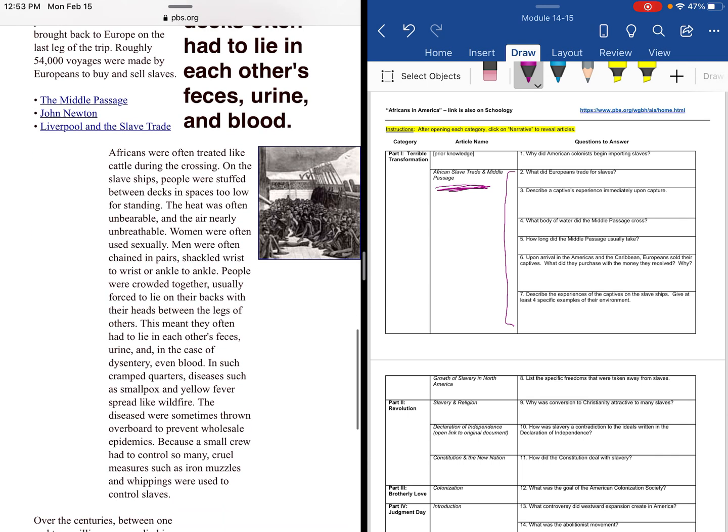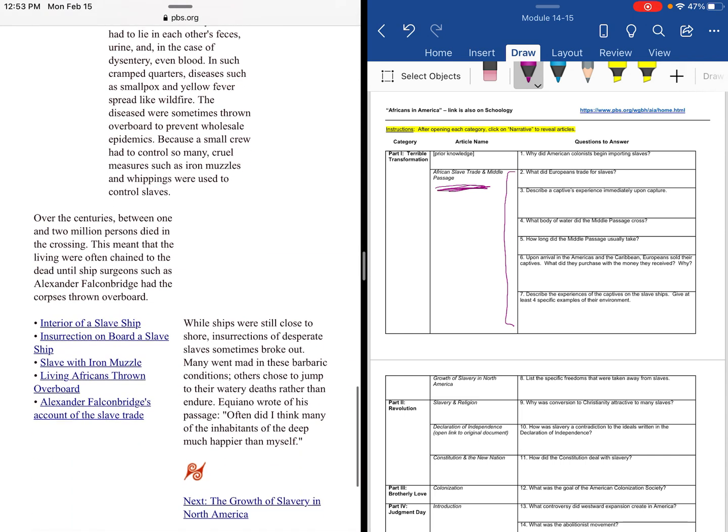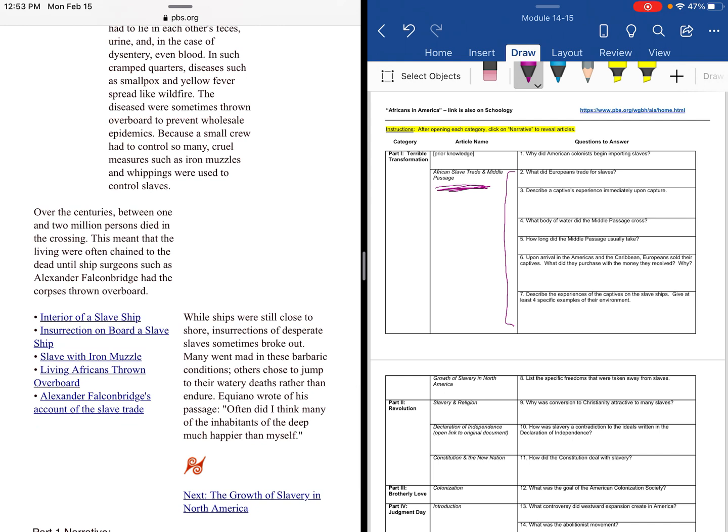In such cramped quarters, diseases such as smallpox and yellow fever spread like wildfire. The diseased were sometimes thrown overboard to prevent wholesale epidemics. Because a small crew had to control so many, cruel measures such as iron muzzles and whippings were used to control slaves. Over the centuries, between 1 and 2 million persons died in the crossing.